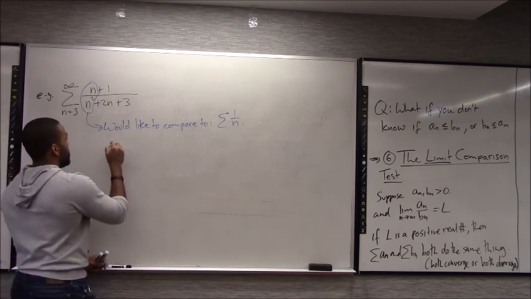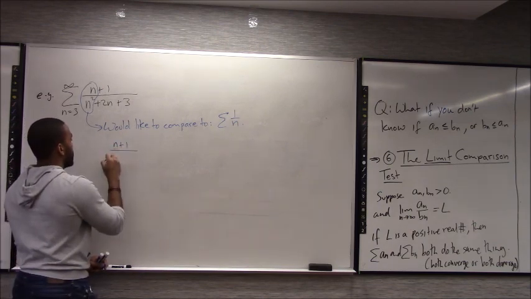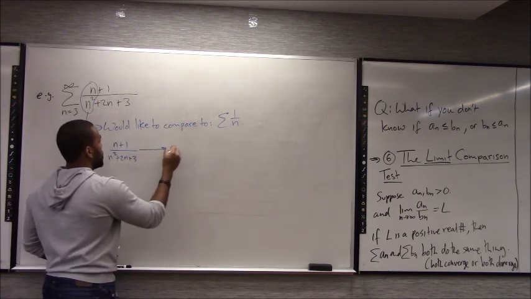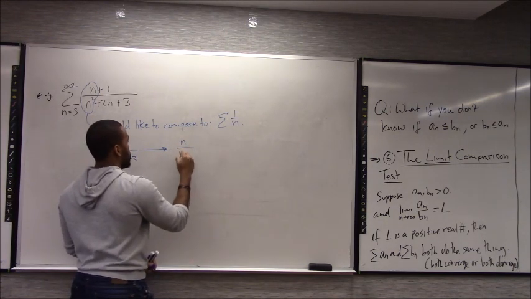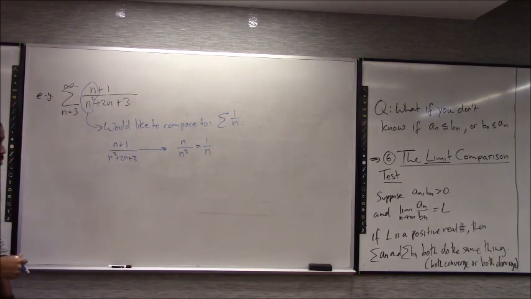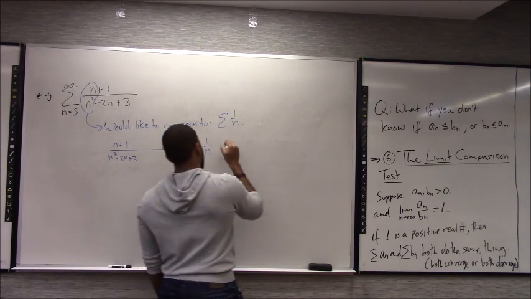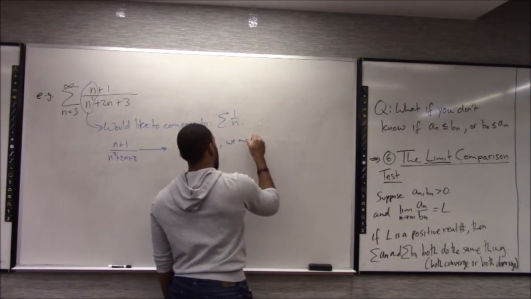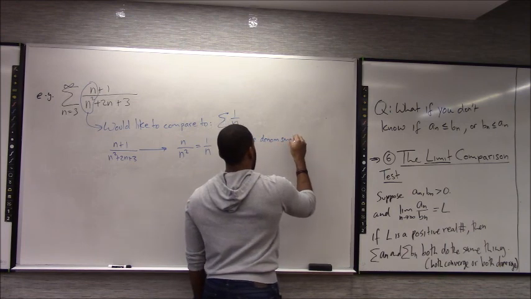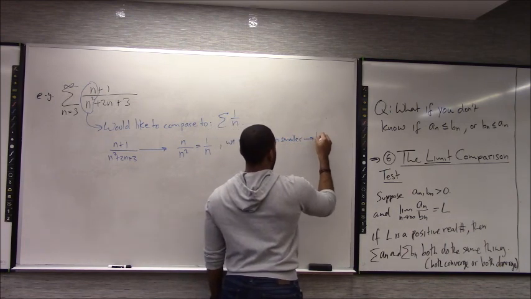If I have (n + 1) over (n squared + 2n + 3), and I change this to n over n squared, which is equal to 1 over n, I want you to notice what changes we've made. We made the denominator smaller, so that leads to a larger fraction.